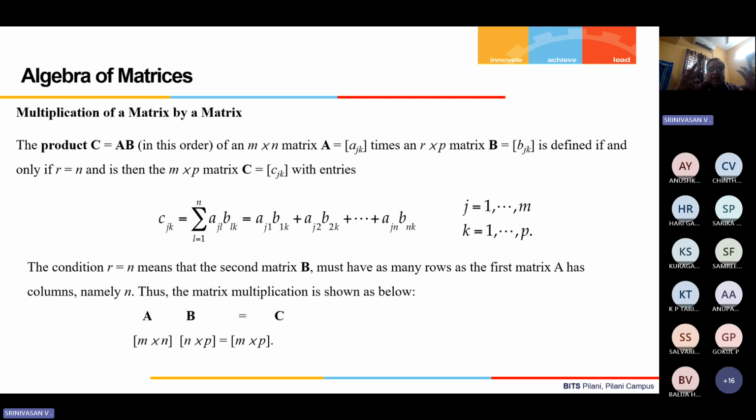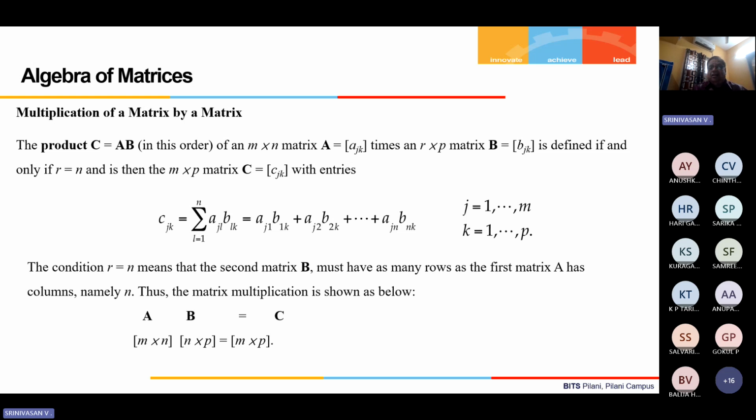So unlike addition and subtraction of two matrices, the orders of the two matrices for a product need not be the same. If they are one and the same, very good, fine, it is quite obviously defined. If they are of different orders, the product is still possible provided this condition is satisfied, that is, the number of columns of the first matrix is the same as the number of rows of the second matrix.